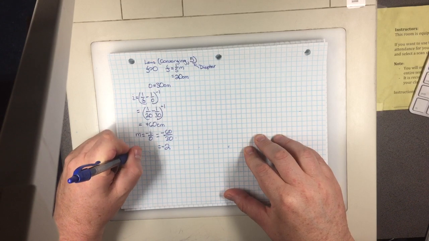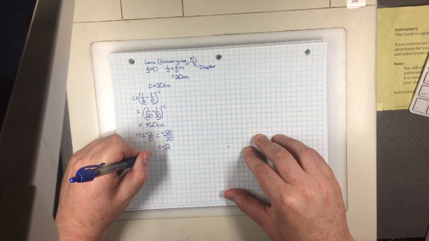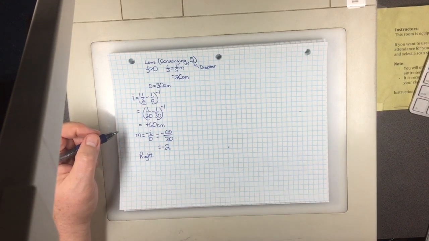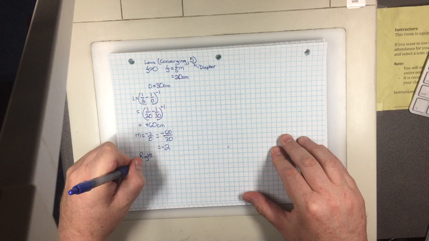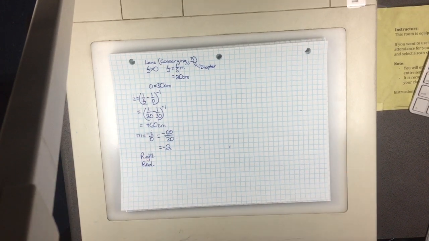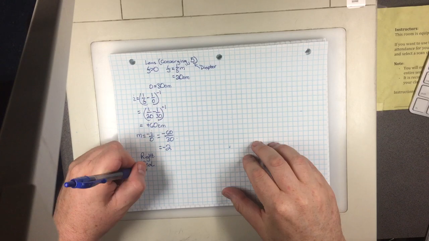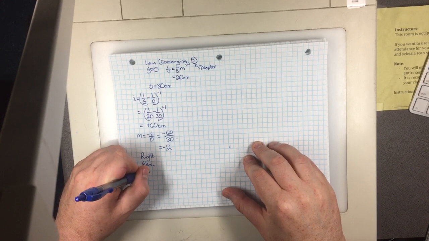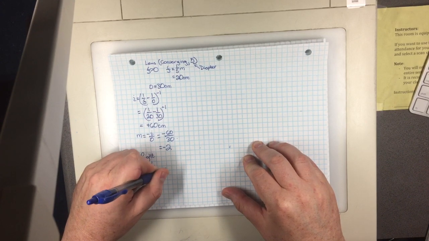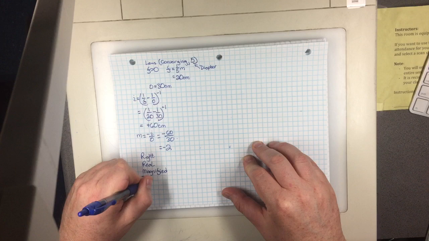So it is to the right of the lens by 60 centimeters. Positive image distances mean it's to the right of the lens. It is a real image. You can actually take a piece of paper and focus an image on it. It is magnified, and it is inverted.